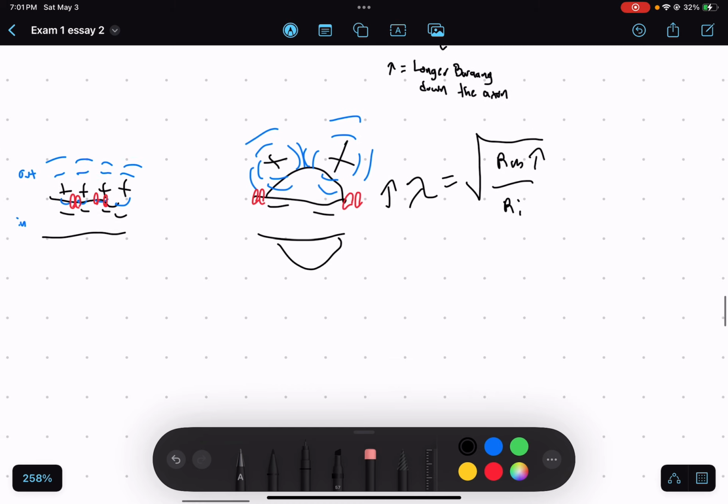Another thing to note is myelin sheaths are generally on larger axons. So your Ri is also going to decrease because it's larger. So that way, it's going to increase a little bit, but not enough to counteract this Rm.